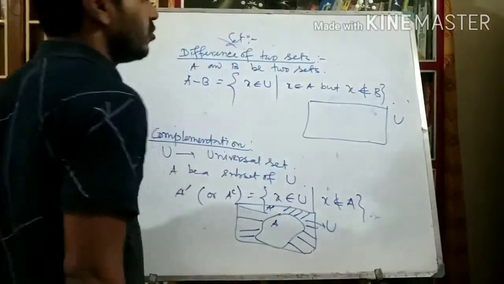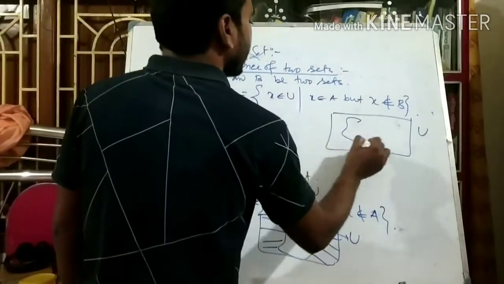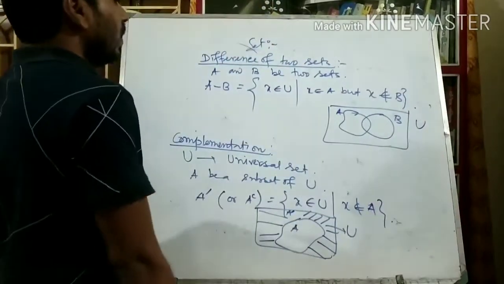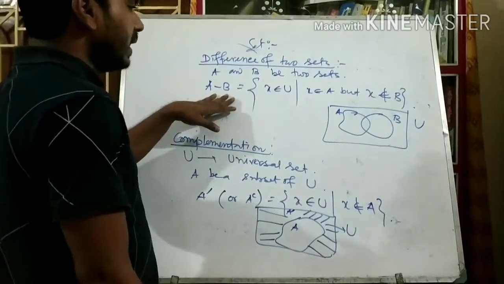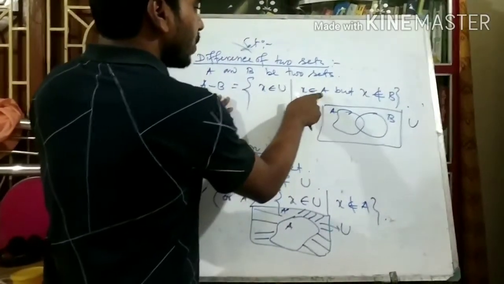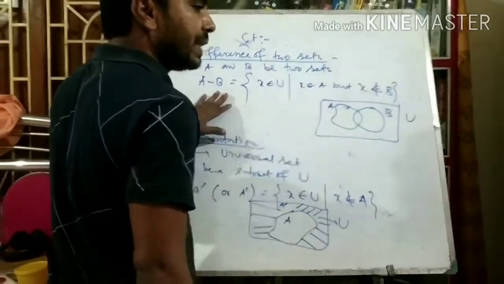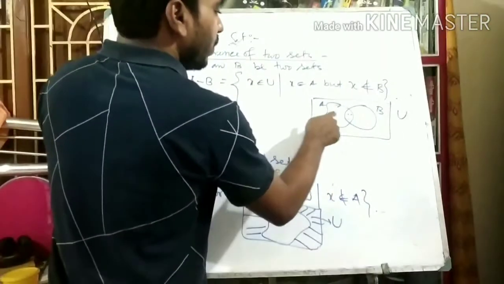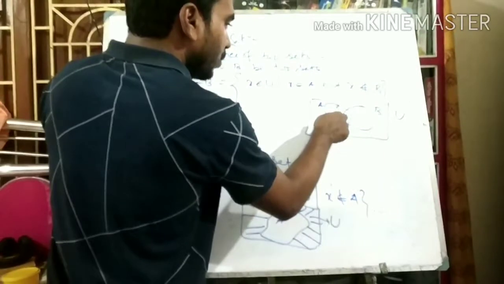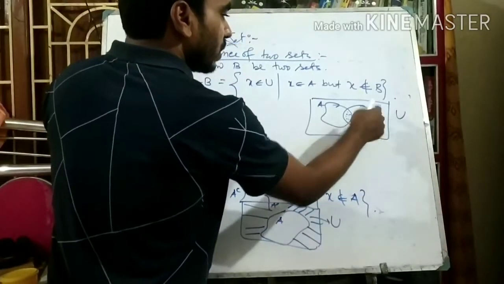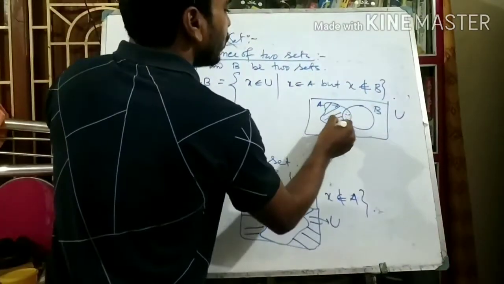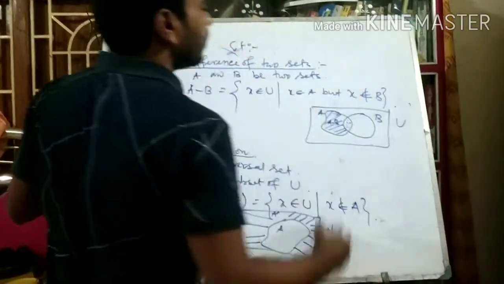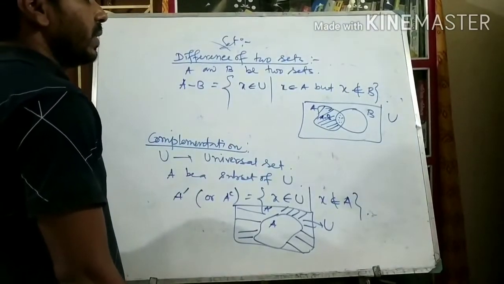Suppose this is my universal set U, this is my set A, this is my set B. So A minus B is all those elements of A which do not belong to B. That means this portion is a common portion of A and B, so the elements of this portion also lie in B, so this must be excluded here. So this portion is my A minus B.